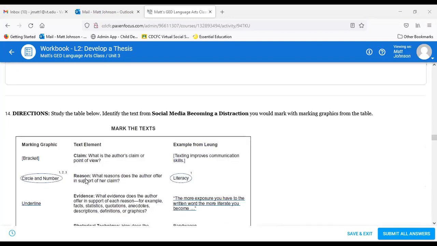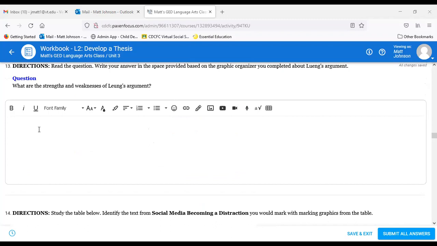So scroll back down here. So Liang uses evidence based on research, but also includes bandwagon rhetoric.